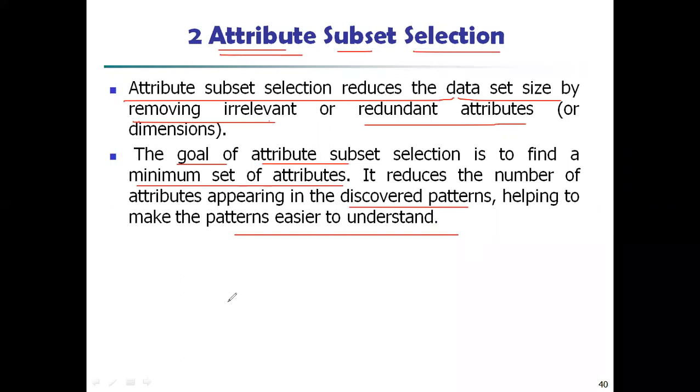If the number of columns is reduced in a table, automatically it would give better performance than more attributes. And also it is easy to understand, isn't it? That is the importance of attribute subset selection.